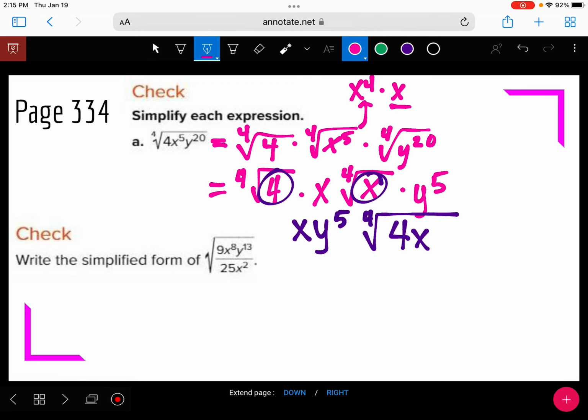Okay. So, some general questions. We're going to take our square root of 9x to the 8th, y to the 13th. Imagine this was a photo. Is it hard?